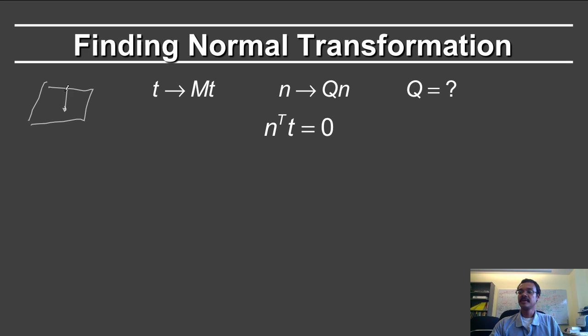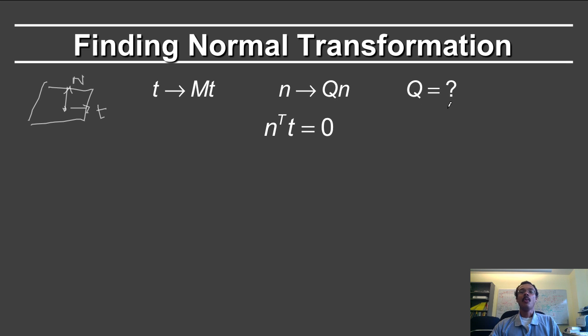Here is the point, here is the normal, here are some points on the plane which we consider the tangents. Tangents are actual geometric locations on the surface, and they transform just as the same transformation matrix on the surface, so M times t. Normals transform with another matrix which we'll call Q, and the question is, what is Q equal to?